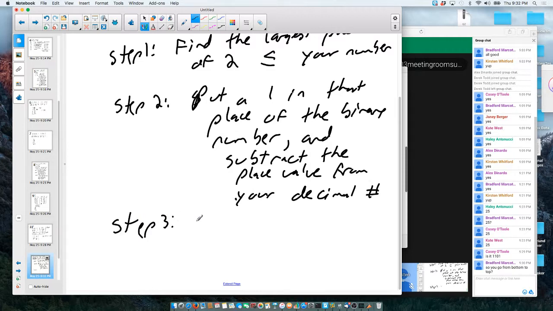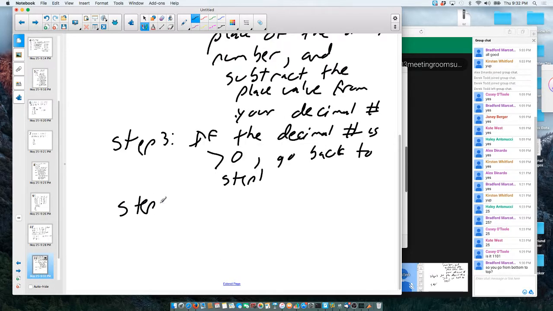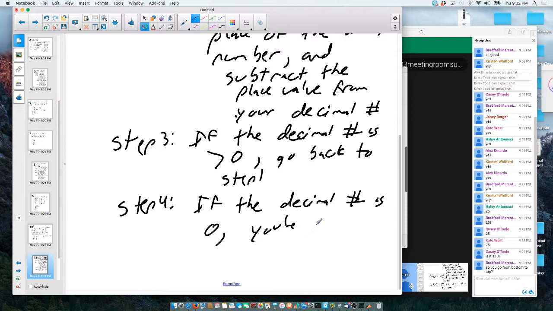Step 3, if the decimal number is greater than 0, go back to step 1. Step 4, if the decimal number is 0, you're done.